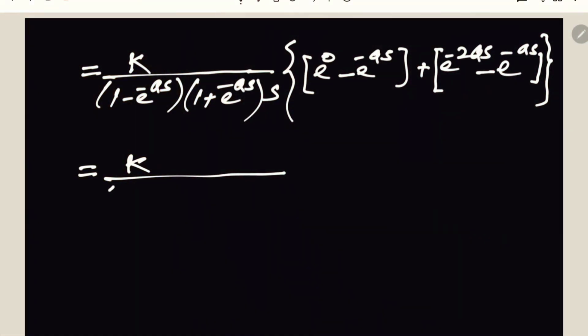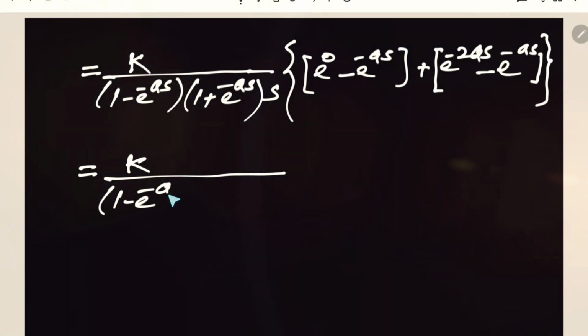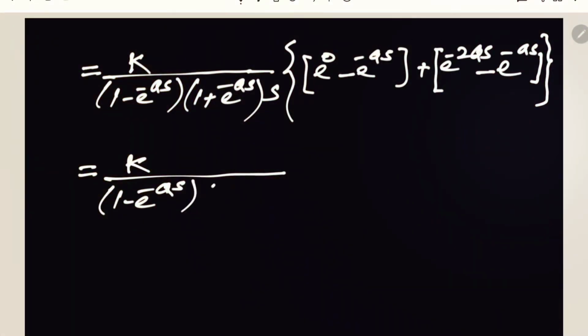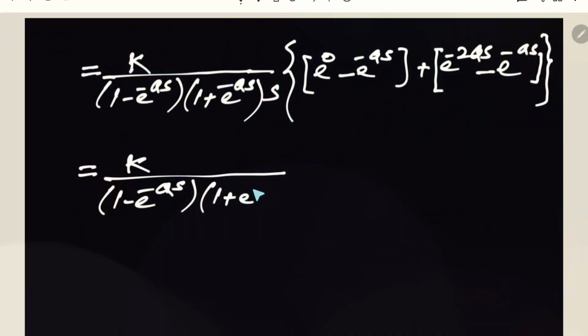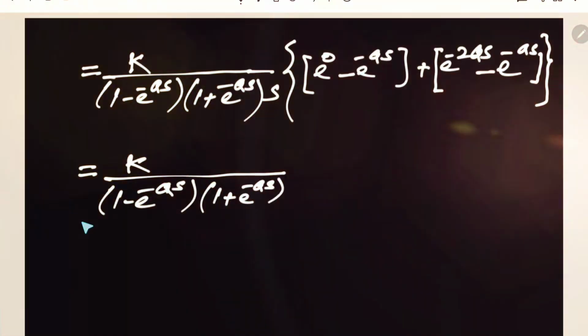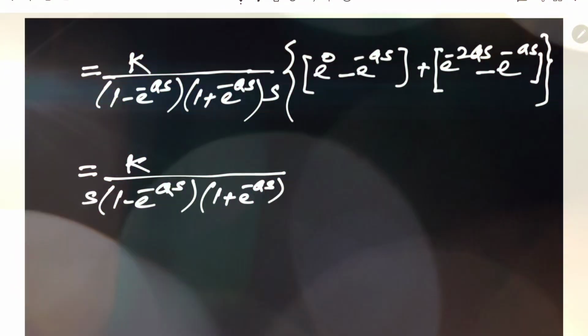Then the other term as it is, k upon 1 minus e raised to minus as, and 1 plus e raised to minus as.